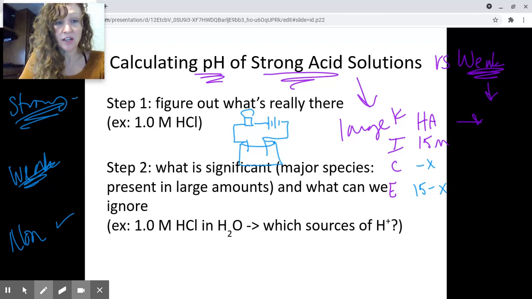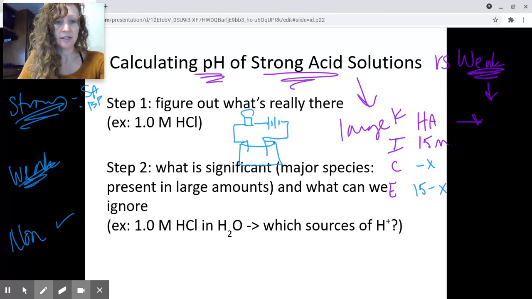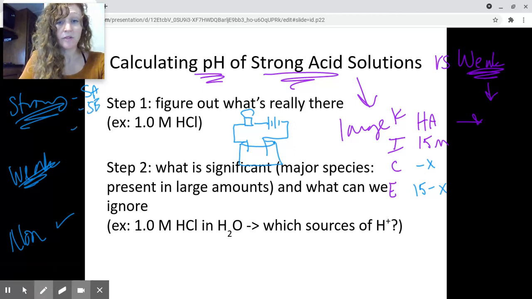Strong electrolytes are going to be strong acids because they dissociate completely, or they react completely and produce all ions, right? Same thing with strong bases. And then same thing with very soluble salts.